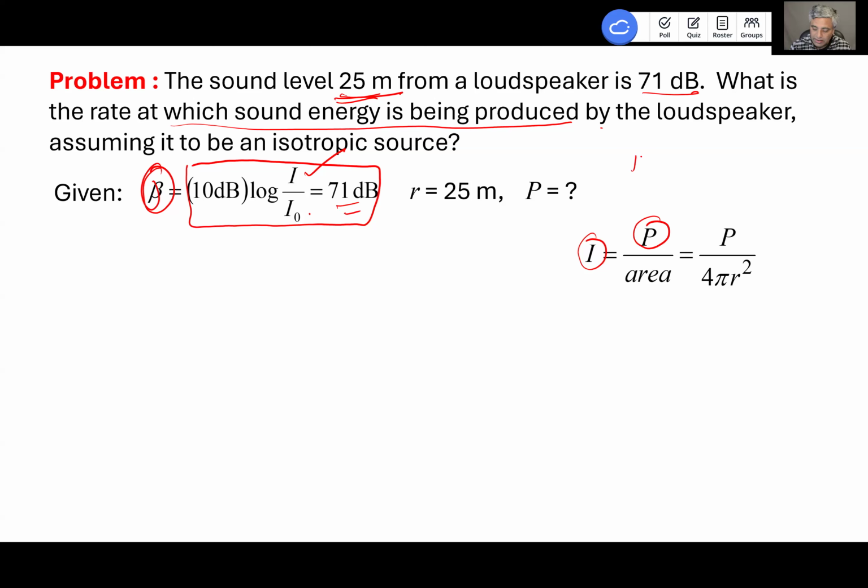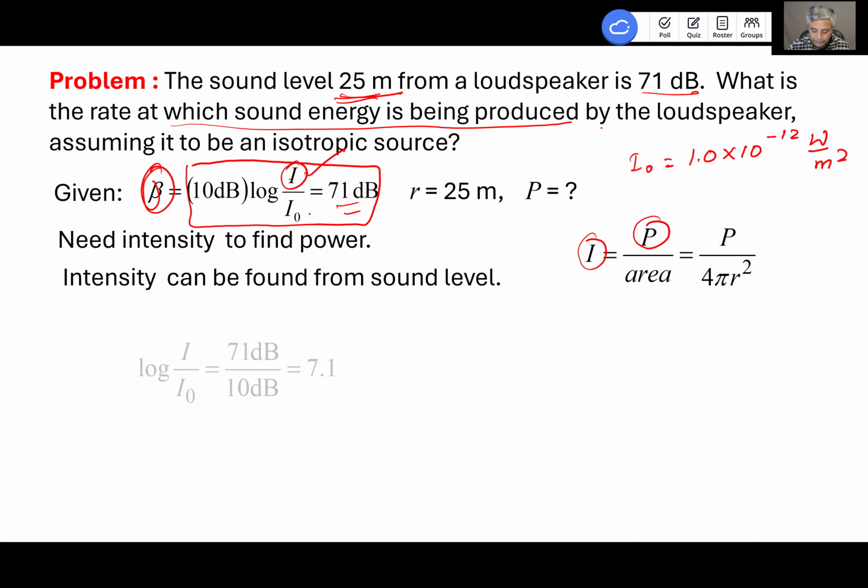I think I0 is 10 to the power negative 12 watt per square meter, okay? So we know that. So that means from this equation, we should be able to find the I value. And now here, I just move this one. So decibel, decibel, this unit cancels. So we are getting just that.